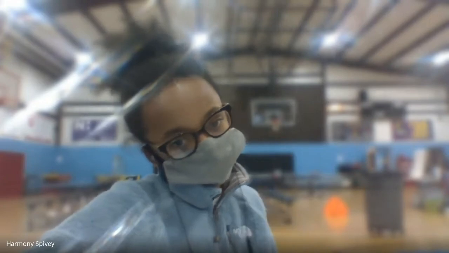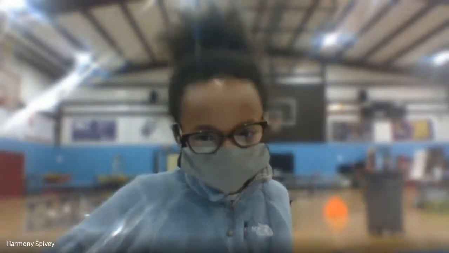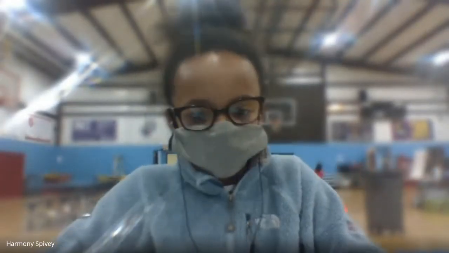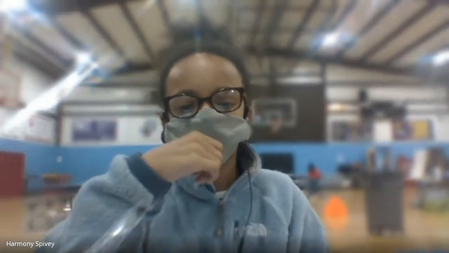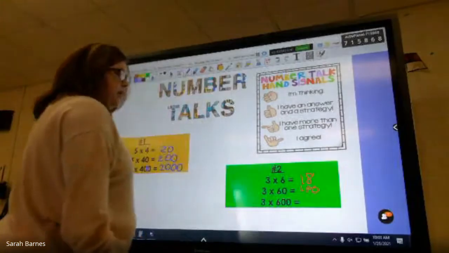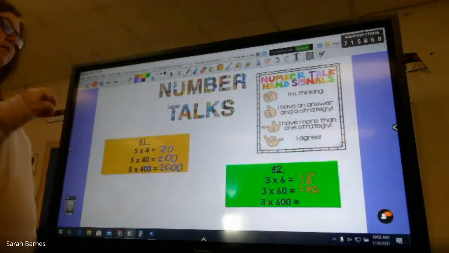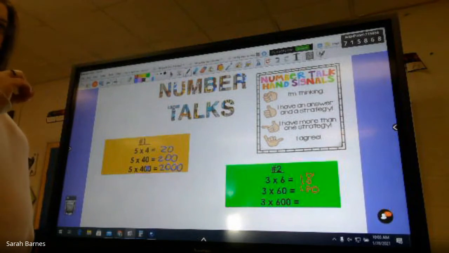How did you get it? Kind of the same as the other one. I took off the 0, and then I added 6 plus 6 would be 12, plus 6 would be 18, and then add the 0 back on to the number. Exactly right, because it's 10, and that 0 is a placeholder, right? We talked about that. You're exactly right.